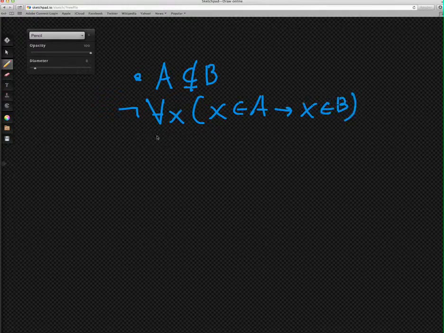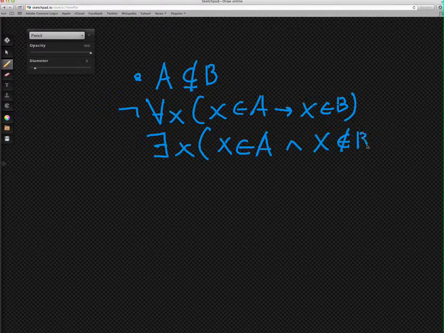We pull through the negation symbol, and we do the opposite of the opposite. That means that there is an X in A, and X is not an element of B. There exists an X such that X is in A and X is not in B. That means A is not a subset of B.